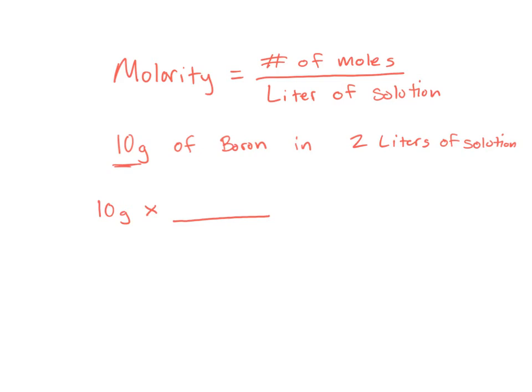And if you remember, our periodic table had boron, right? And it had the number 10.81 below it. And so that is the number of grams in 1 mole.